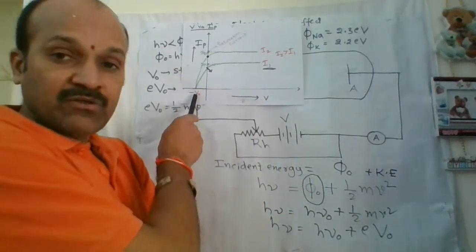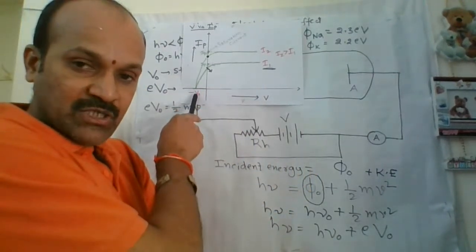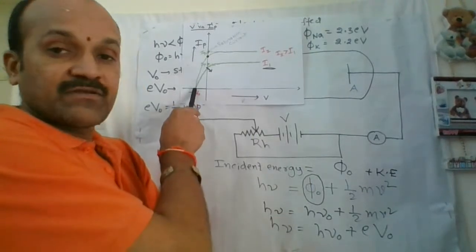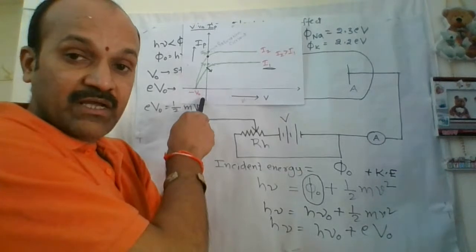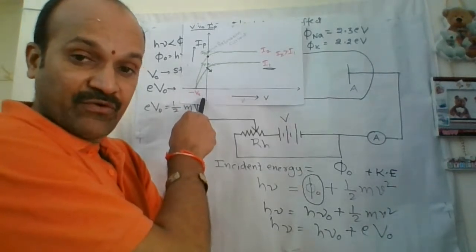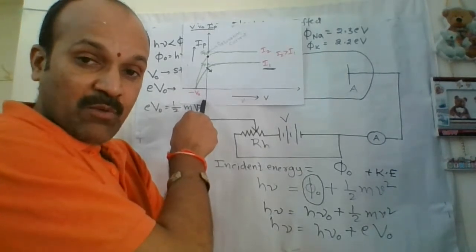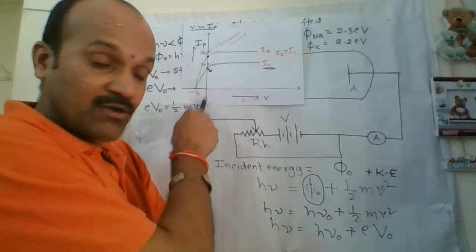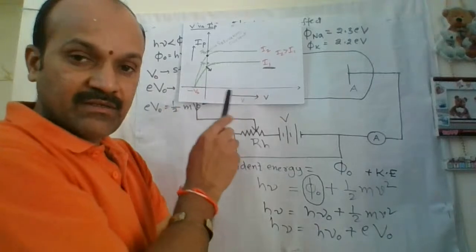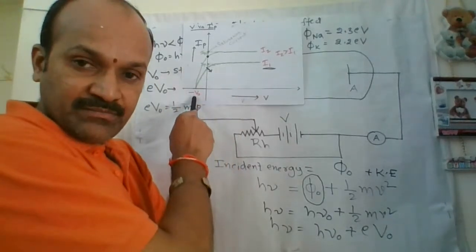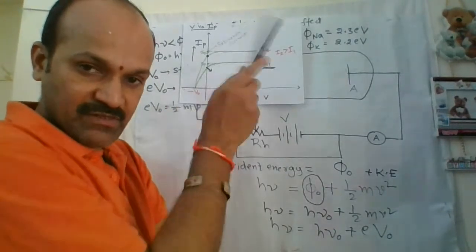See, at a particular value of stopping potential, minus V naught, current is zero. Clear? So this stopping potential does not depend on intensity of light, right?